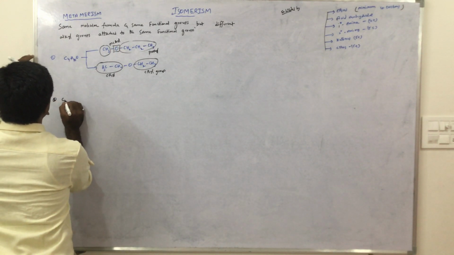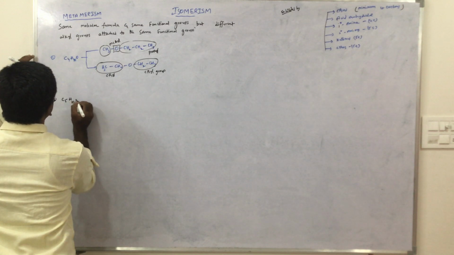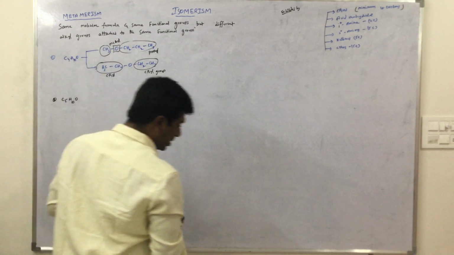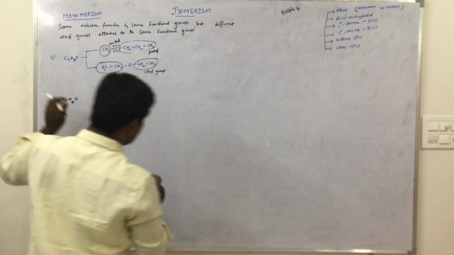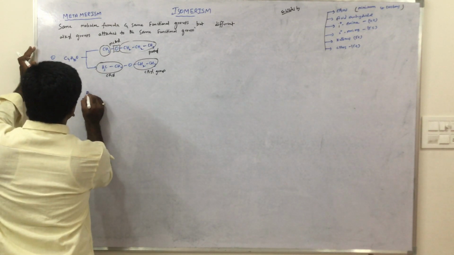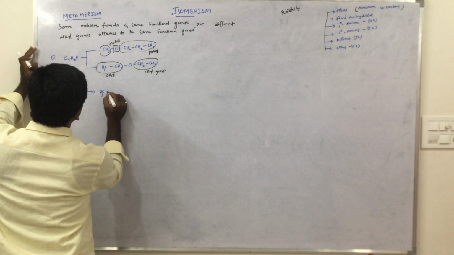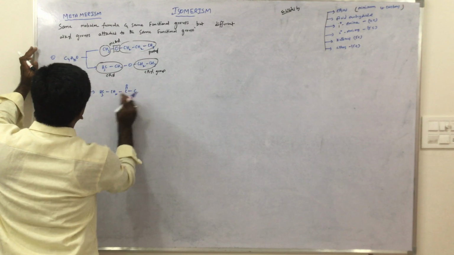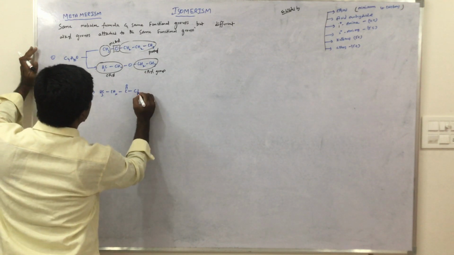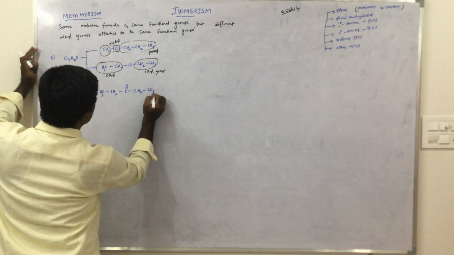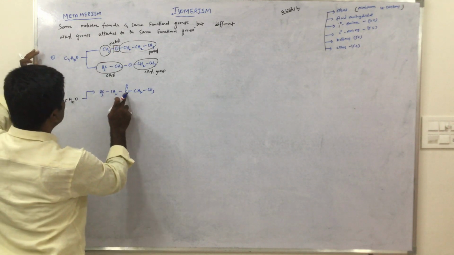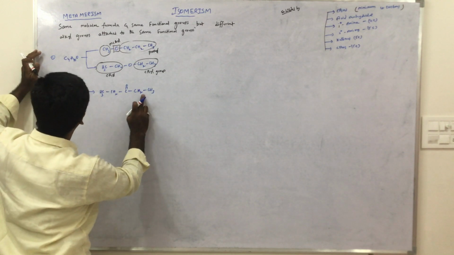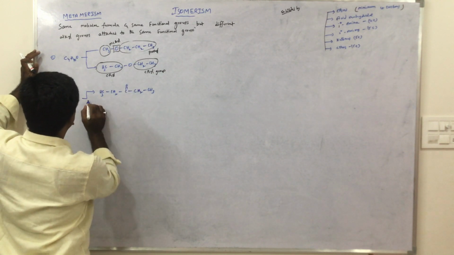CH3-CH2-C(=O)-CH2-CH3: 5 carbons, 10 hydrogens and 1 oxygen.